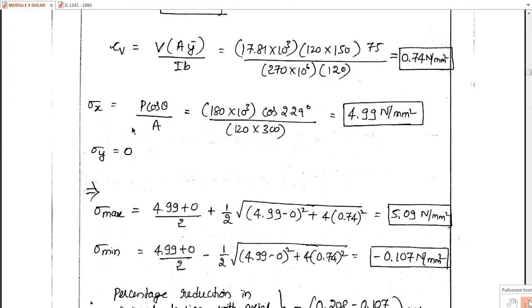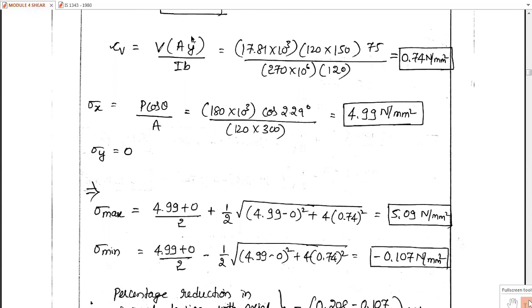While calculating sigma x, we need to substitute the entire cross-sectional area of the member. While calculating the shear stress, we need to concentrate on the first moment of area. That is the difference. You have to be very careful while substituting the areas.